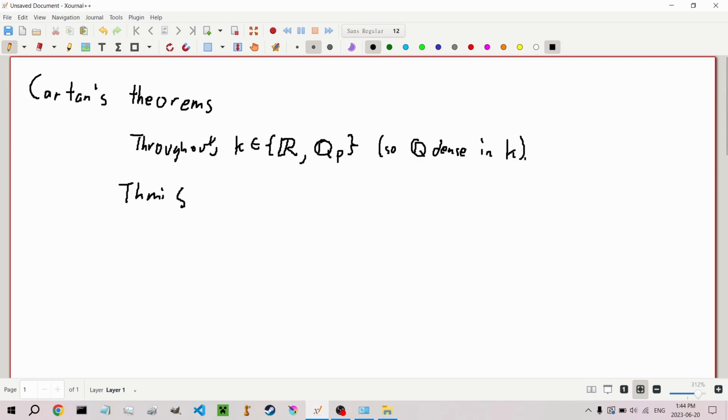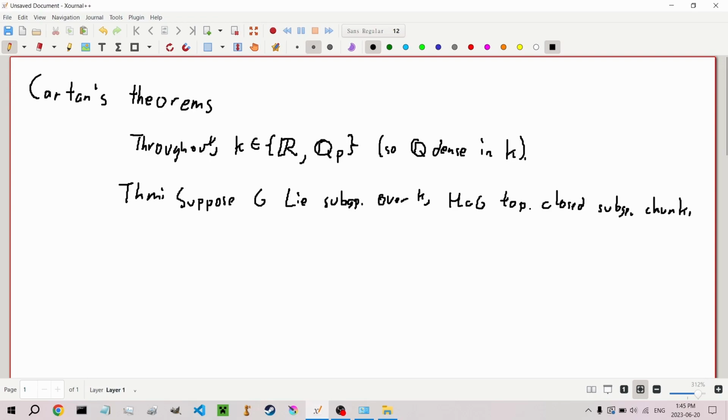First off, suppose G is a Lie subgroup over K, and that H in G is a topologically closed subgroup chunk. Then H is analytic.